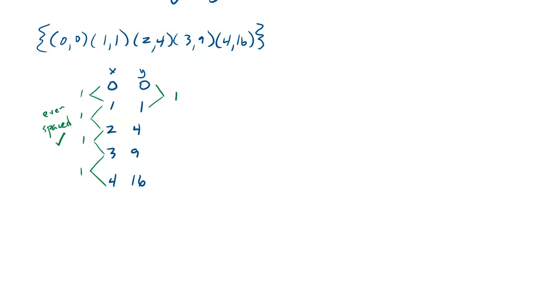So 0 to 1 is one number. 1 to 4, 3 numbers. 4 to 9 is 5 numbers. 9 to 16, 7. These are called the first differences.